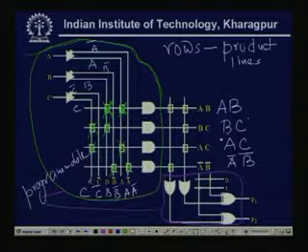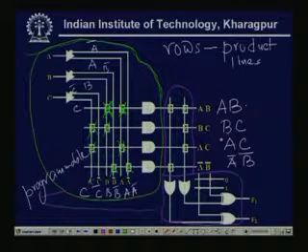Okay. So, AB, BC, AC, A bar B bar, these are my 4 product terms. Now, in this particular example, this is my OR plane, and the product terms are actually the inputs here.